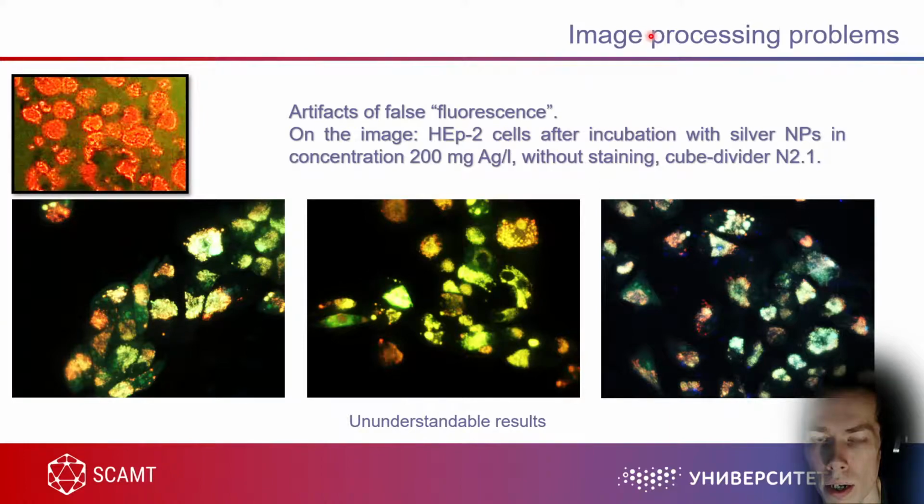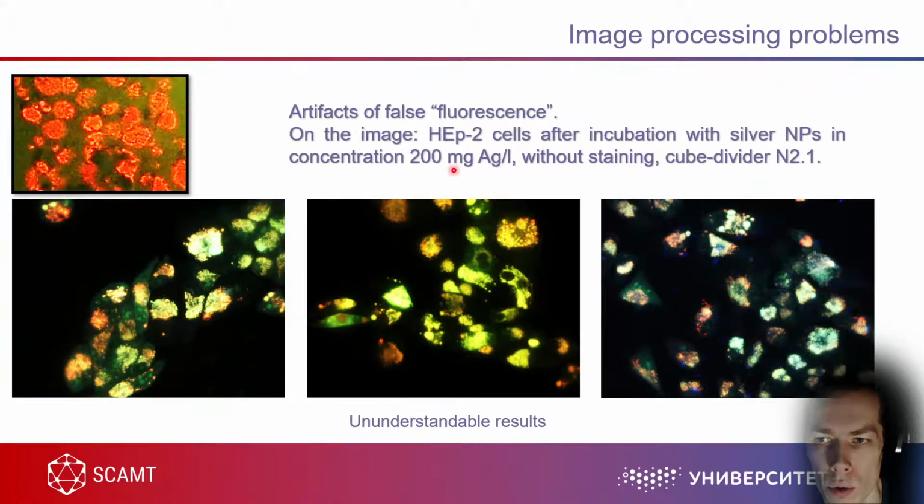But there can also be some other cases. For example, in high concentration of silver nanoparticles, a couple of times I observed these results. There was some false staining, false fluorescence as I call it, because this image was obtained not even in fluorescence. It's just an optical image with normal light.